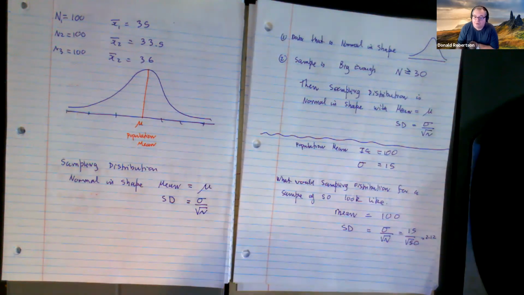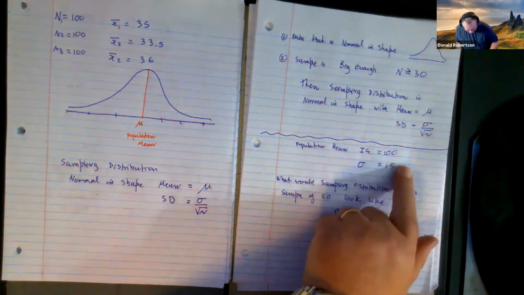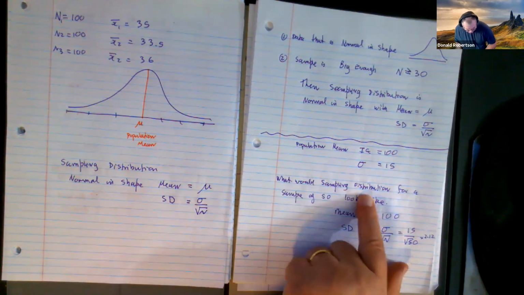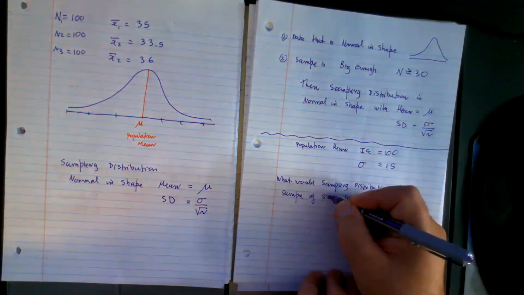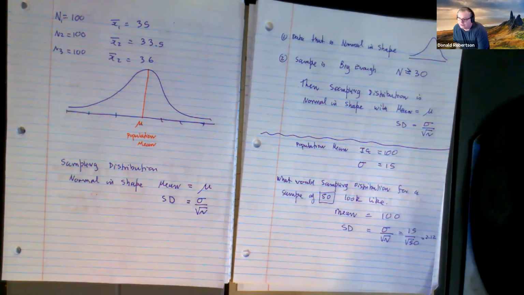So can you imagine a question where they tell you everything you need to know about the population, and they just ask you to look at a sampling distribution for a data size, in this case of 50, right? Maybe the next time the sample is going to be 100 or 42, right? And maybe they'll sneak in a sample of 8 and ask you why you can't do it.